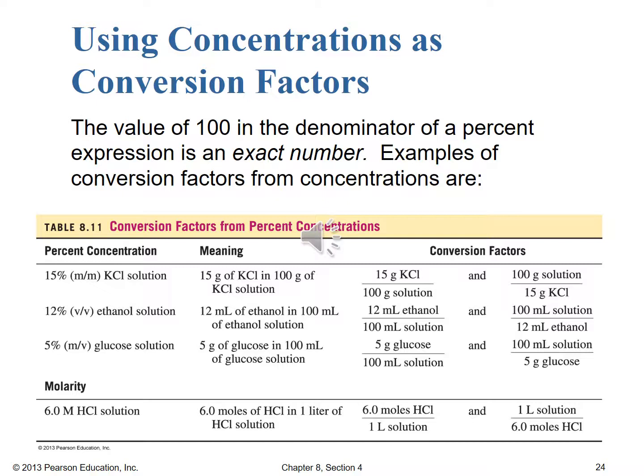If you haven't already noticed, we can say it's either a 6.0 molar HCl solution, or more commonly 6.0 moles HCl per 1 liter of solution. Depending on the setup of the problem, we might prefer to use 1 liter solution per 6.0 moles of HCl as a conversion factor in order to cancel units and get the desired unit for the answer. So we've got lots more in our tool belt now, and that means we can do more interesting and exciting problems together.